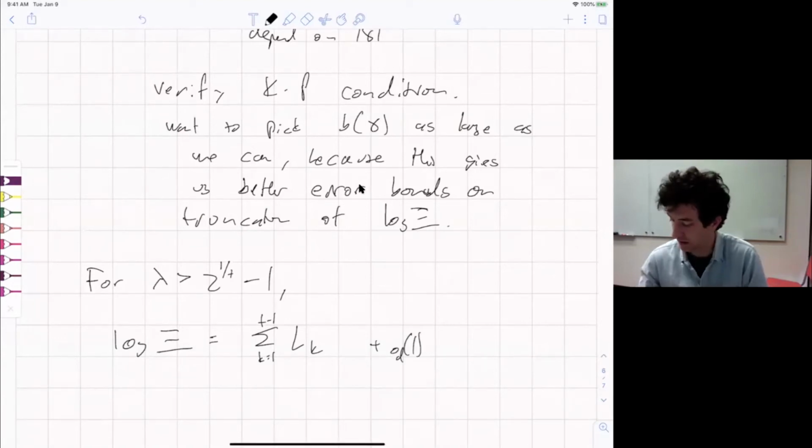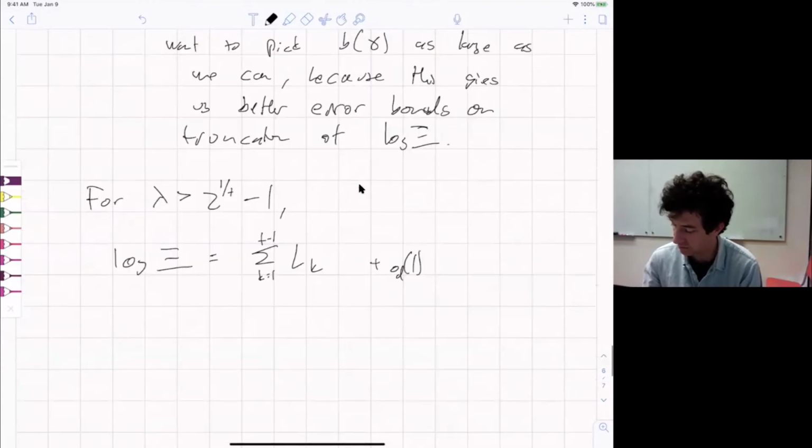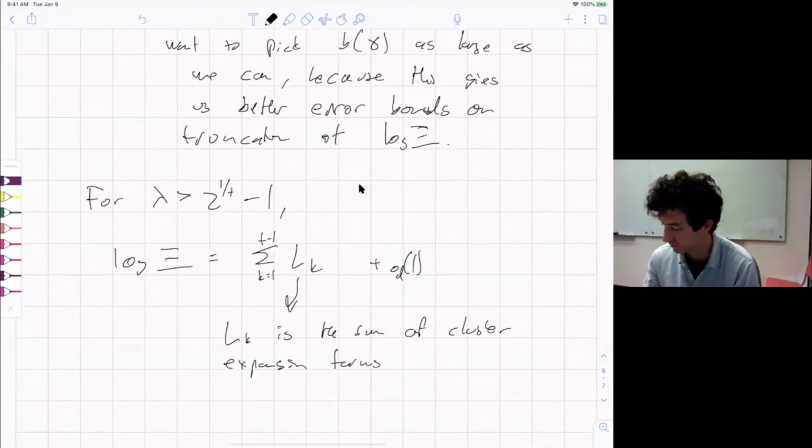Okay, and of course, L_k is the sum of cluster expansion terms of clusters of size k.